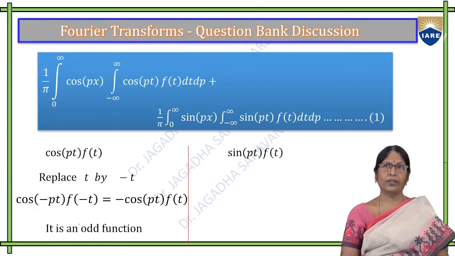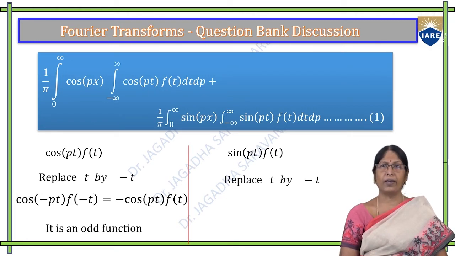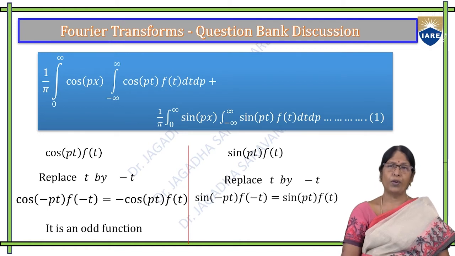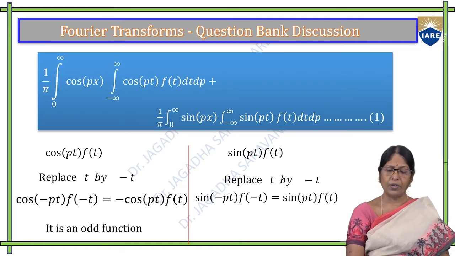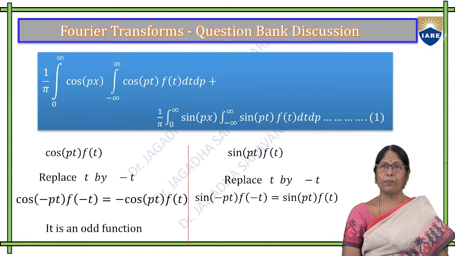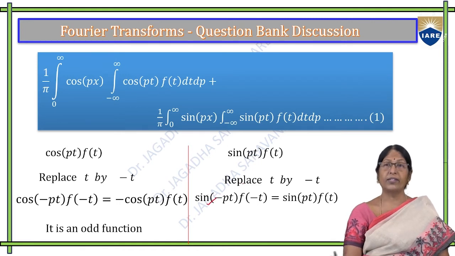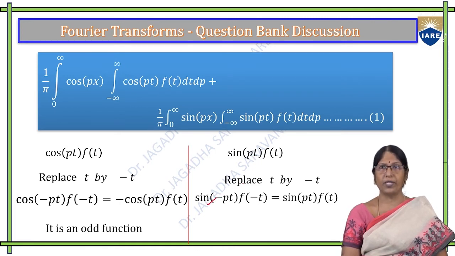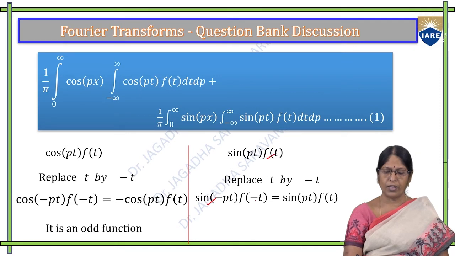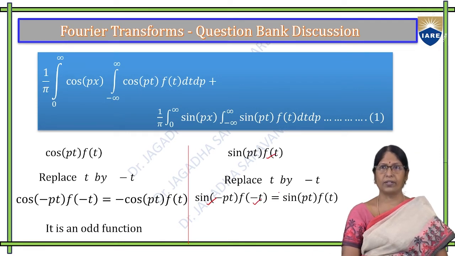The next one is sin(pt) f(t). Here also we replace t by minus t. When we replace, sin(pt) becomes sin(−pt), and f(t) becomes f(−t).